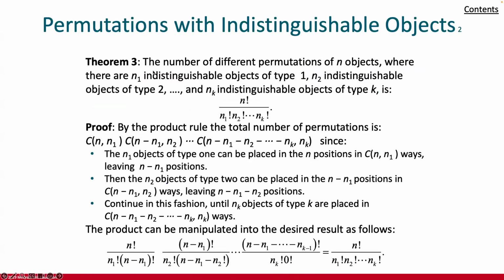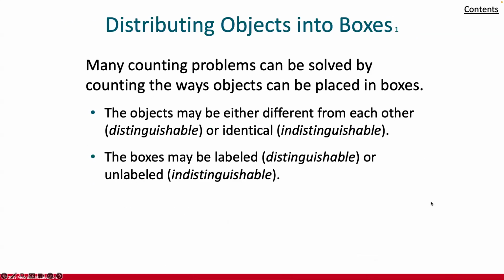The number of different permutations of n objects, where there are n1 indistinguishable objects of type 1, n2 indistinguishable objects of type 2, all the way up to nk indistinguishable objects of type k, is n! over n1! n2! all the way up to nk!. That's the general way that we can look at that.